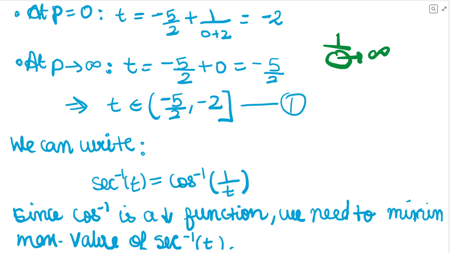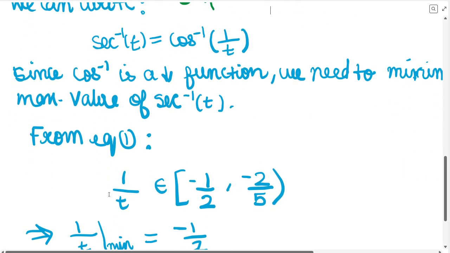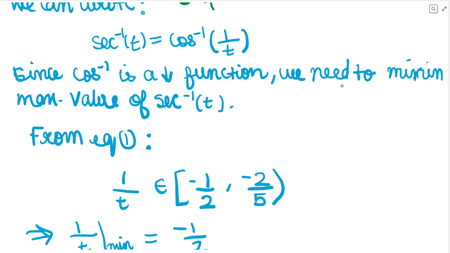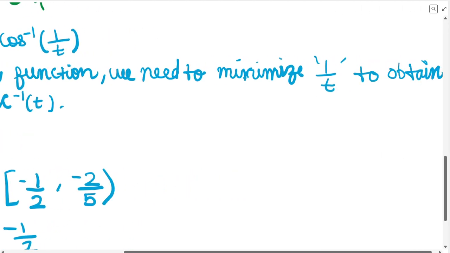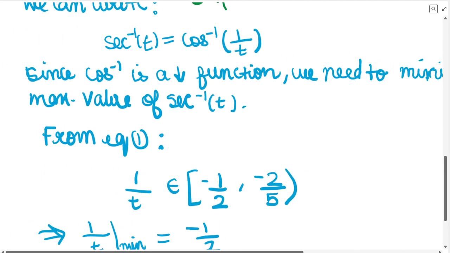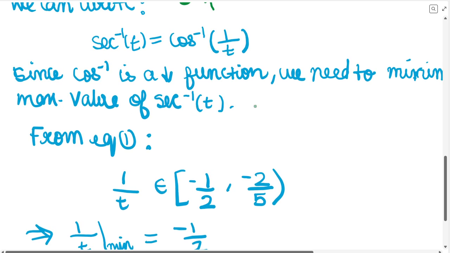Why are we converting sec inverse t? Because we have sine inverse and cos inverse in our mind, and we converted sec inverse like this because we know that sine inverse is an increasing function and cos inverse is a decreasing function. Since cos inverse is a decreasing function, we need to minimize 1 by t to obtain the maximum value of sec inverse t.